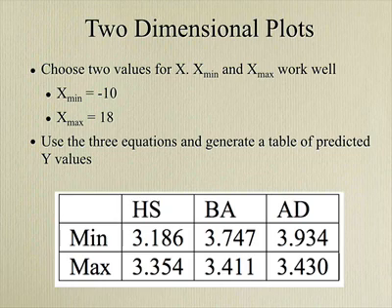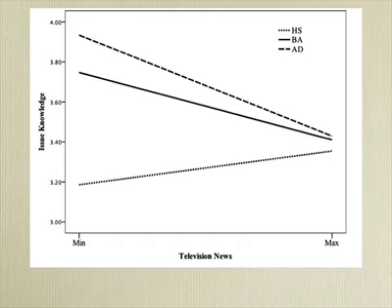Although you can't define your rows as min and max, so it's just row 1, row 2, and this is high school, this is BA, this is advanced degree, and I just had to change this to minimum TV, maximum TV, and it gave me the lines for high school, BA, and advanced degree.